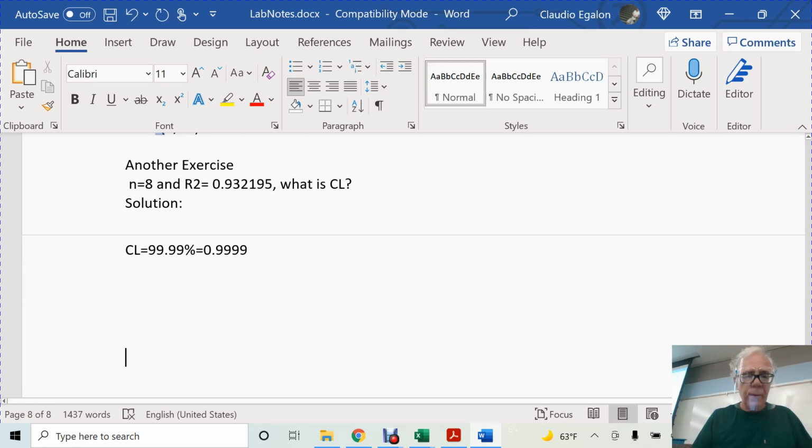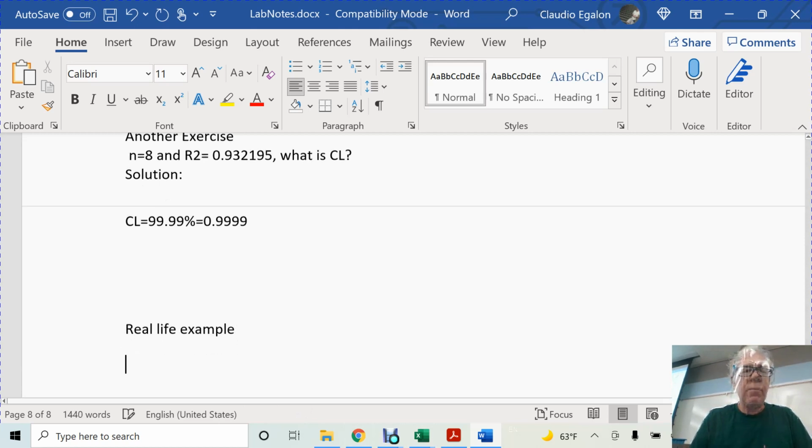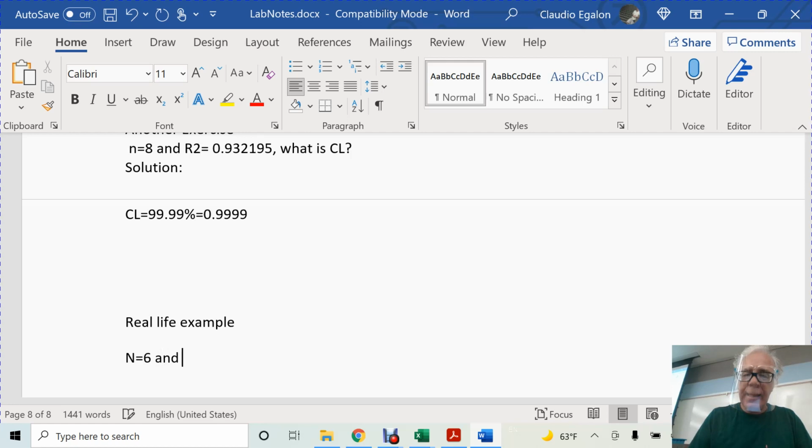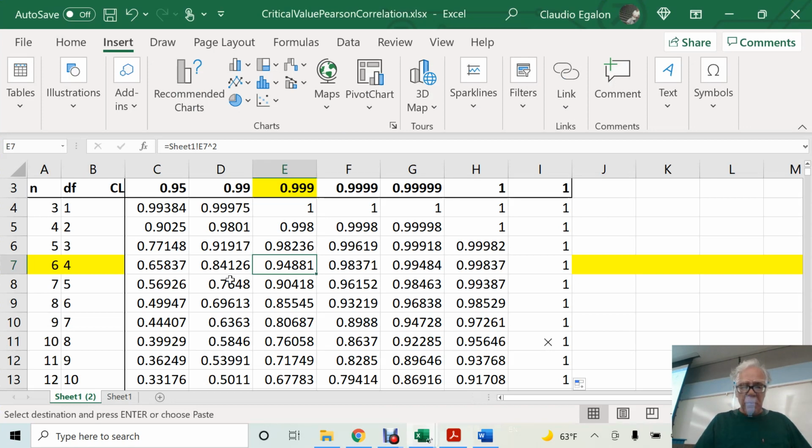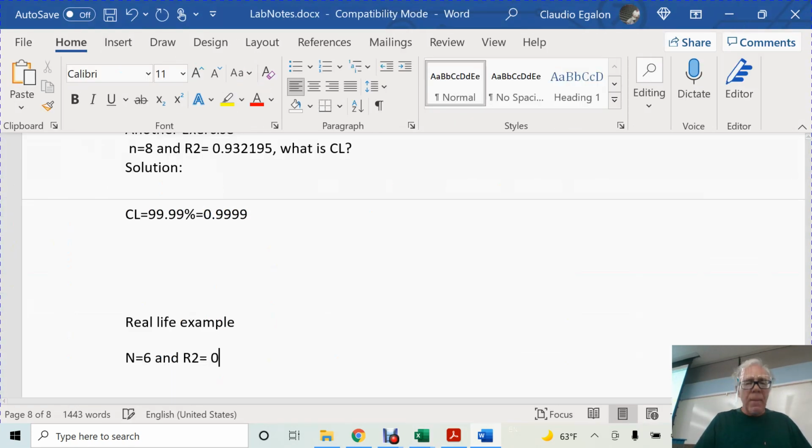Now a real life example. N equal to 6 and R squared equal to 0.97. Yeah, here you go. 0.97. Easier one.